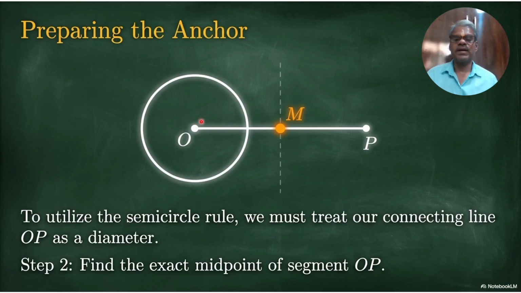Now, preparing the anchor. To utilize the semicircle rule, we must treat our connecting line OP as the diameter. Step 2: find the exact midpoint of segment OP. Here we have taken M as the midpoint of segment OP.